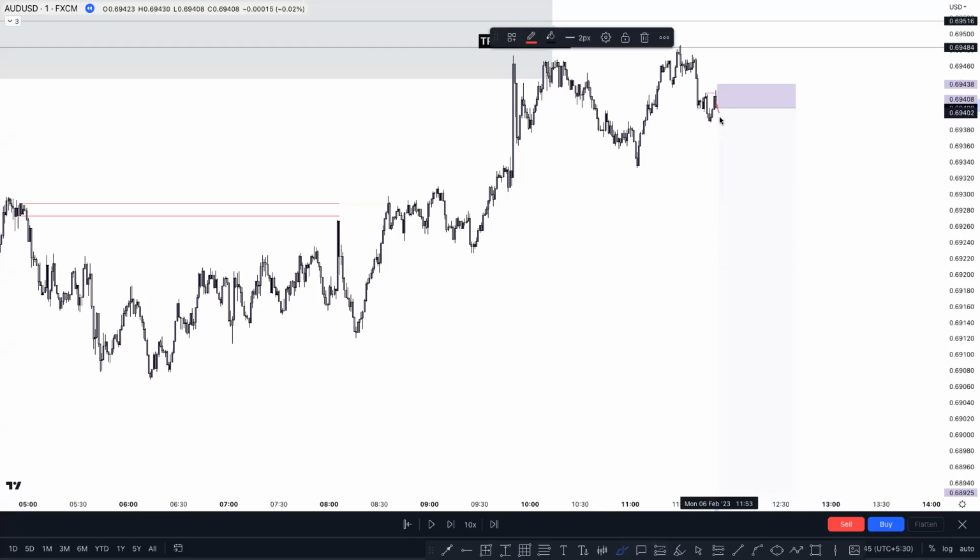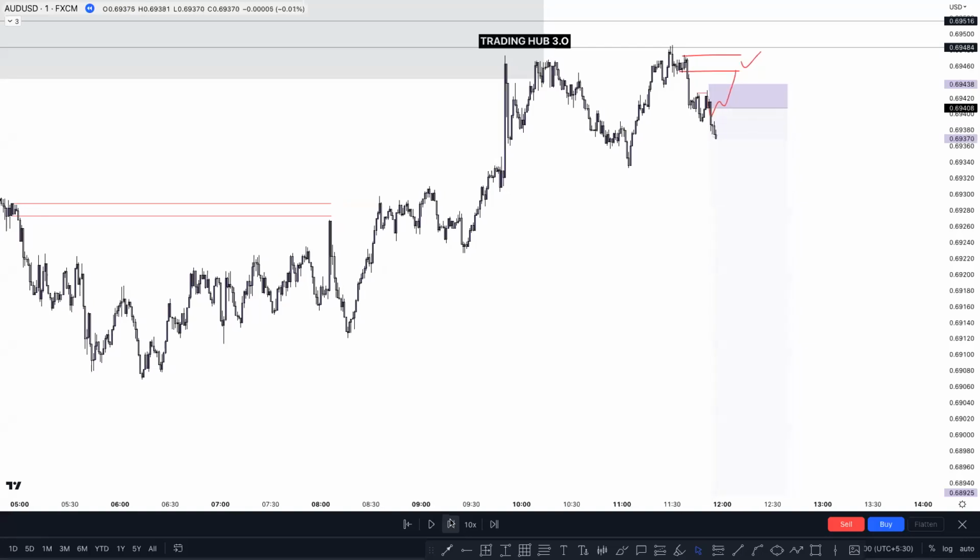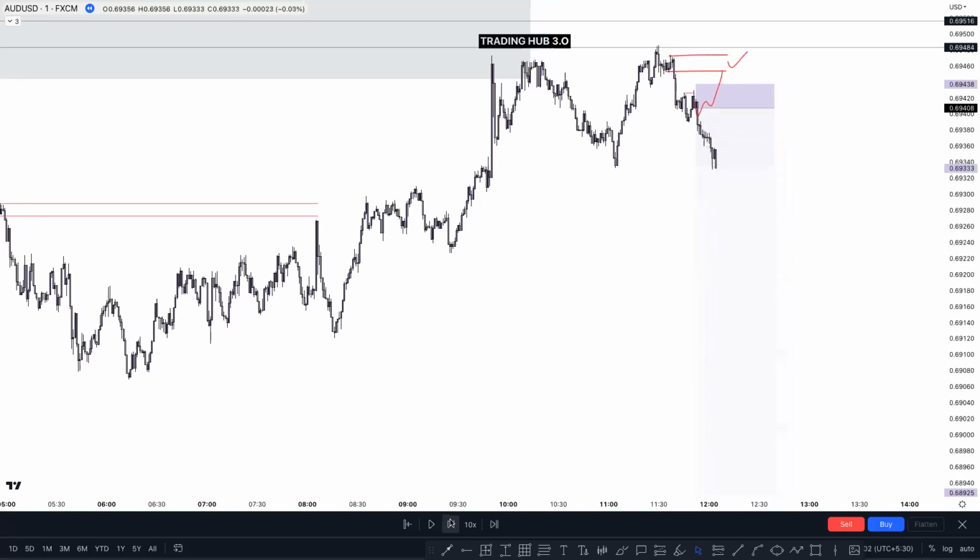And if the market continues higher to mitigate this one, we can also sell here, right? Because this is our high probability entry compared to the first one. So you have to prepare for both sides, the probability is here. Okay, let's see.